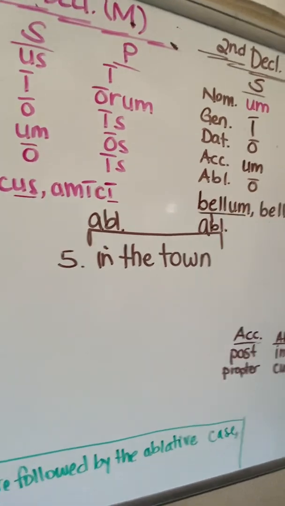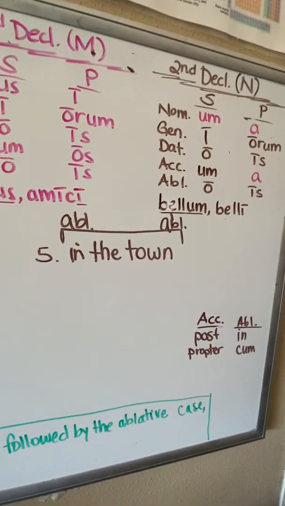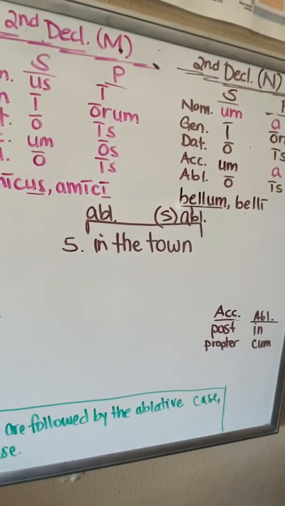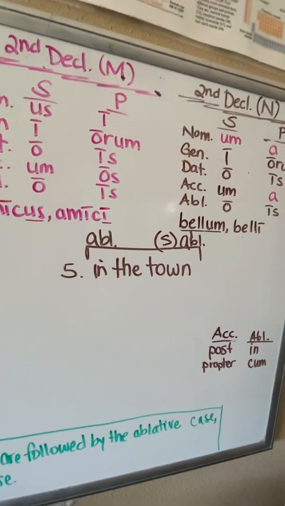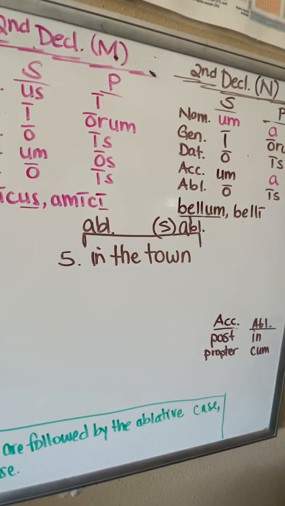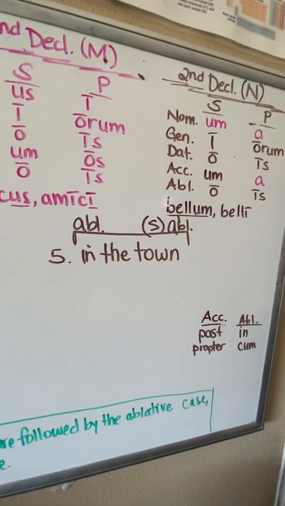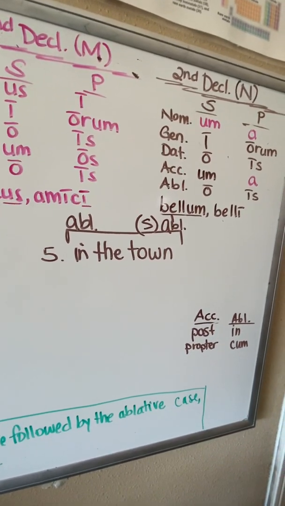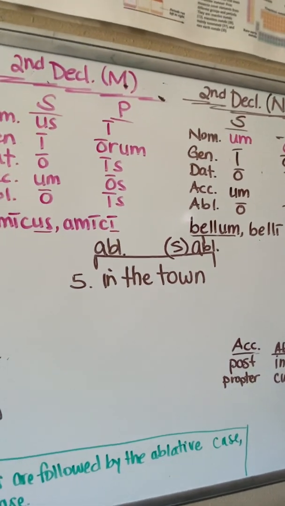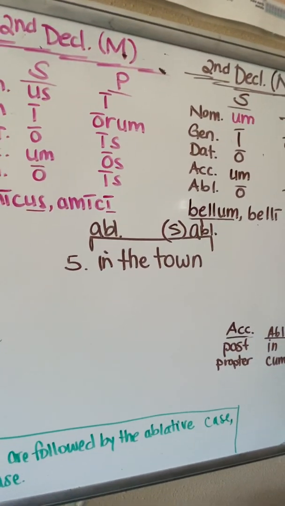And then town is singular, right? We always need to know our number and case when we're going to translate. And sometimes I put the gender too. The reason we label gender, number, case on these nouns is because once you get to adjectives, you have to know gender, number, case of everything. So we're practicing early on to build that skill set. Sorry, that's a little aside for you.